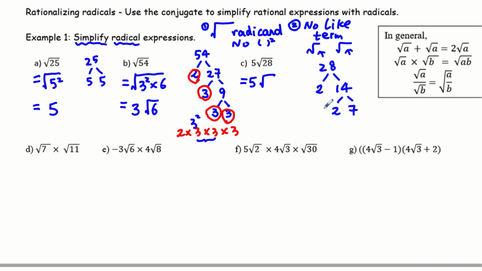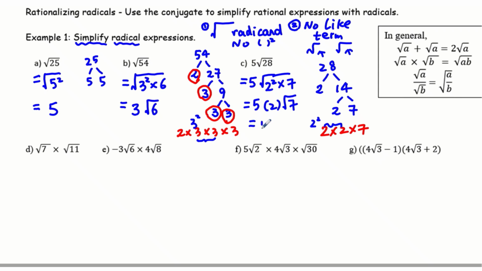So 28 equals 2 times 2 times 7. And 2 times 2, the same number repeated, is 2 squared. So 28 equals 2 squared times 7. Then the squared and the square root cancel, so we take out 2, then square root 7.